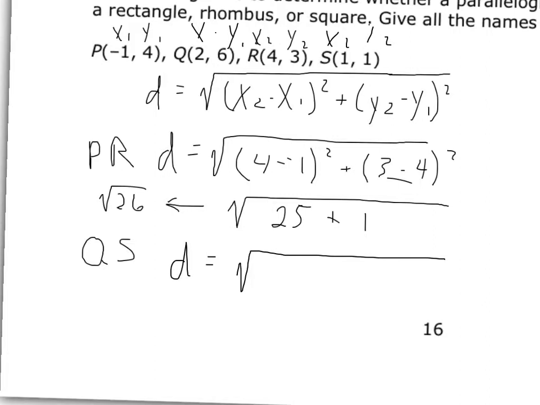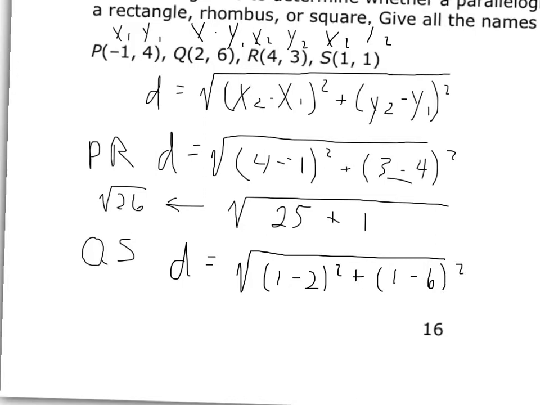We have our x2 minus x1, and that's going to be 1 minus 2 squared plus our y2, which is 1, minus our y1, which is 6 squared.